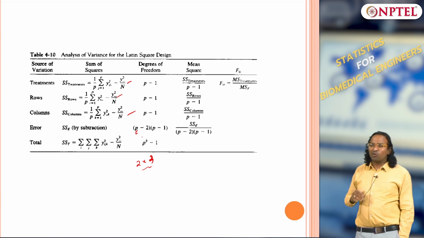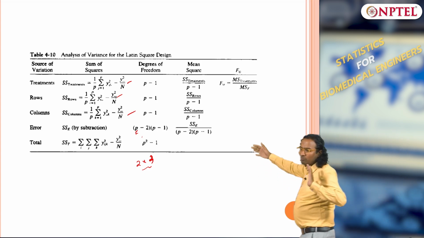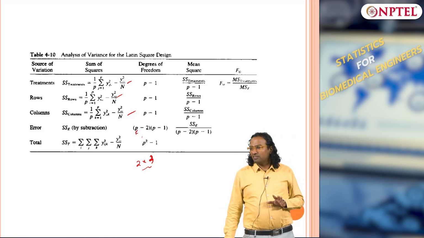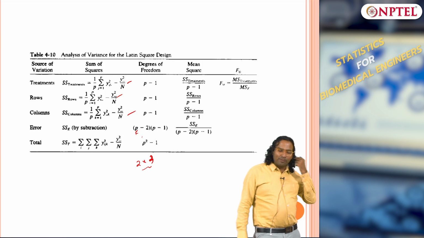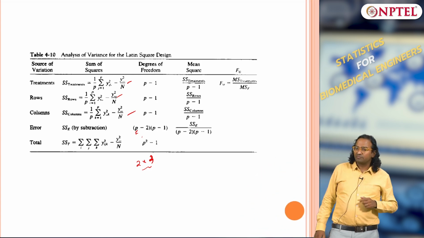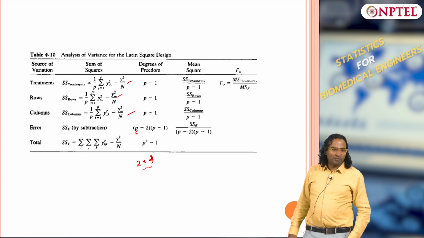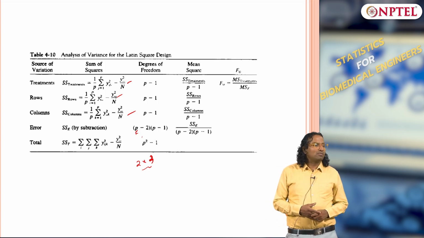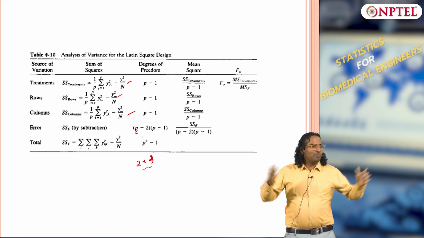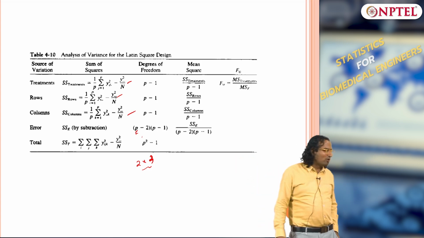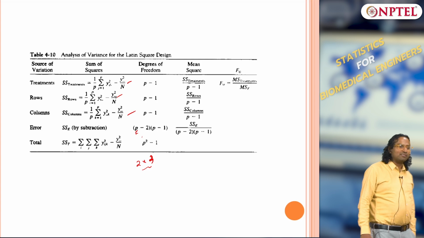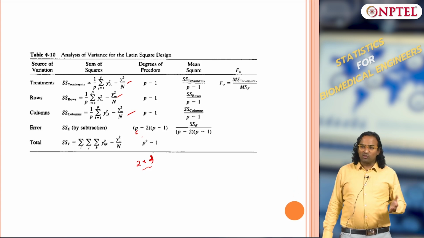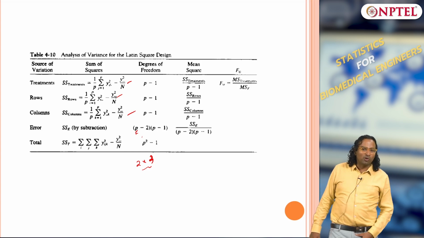In RCBD and ANOVA I had the luxury of having more rows or more columns, here I do not have any of that, it is a square design. So, how do we improve the degrees of freedom, because it is so low? When the degrees of freedom are lower, look at your confidence limit, it will be wider, because if you look at t distribution values, you will know that.